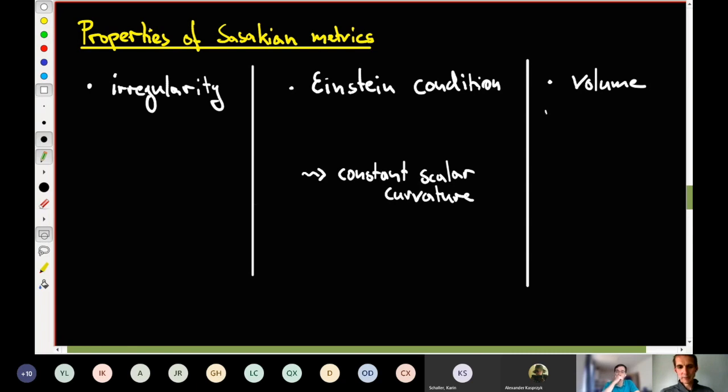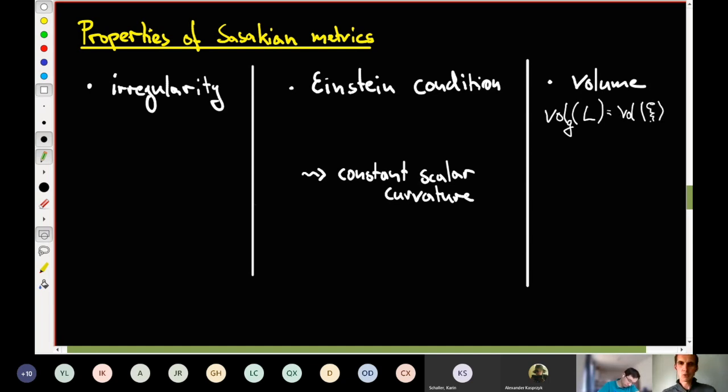I can ask for the volume of my manifold, of the link. And again, of course, what I'm talking about is the volume with respect to our choice of a metric. As it turns out, this is actually closely connected to what we did before. It's exactly the volume of psi.